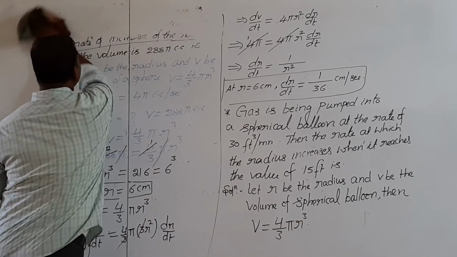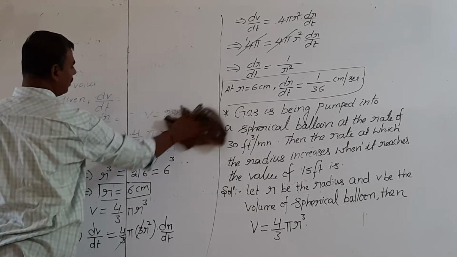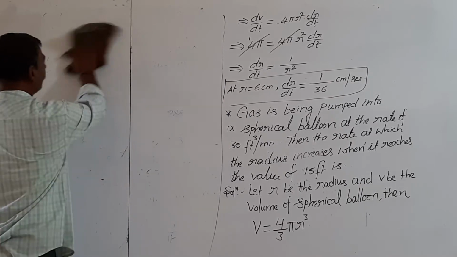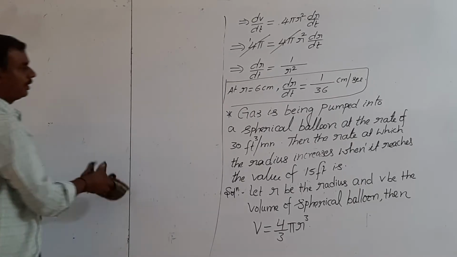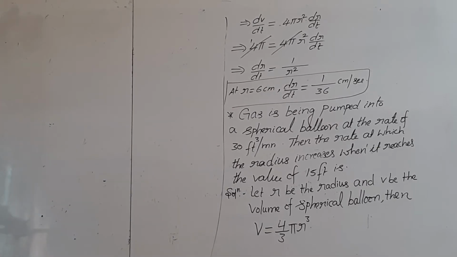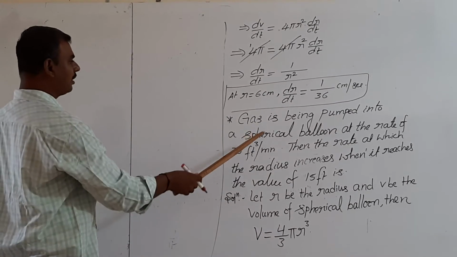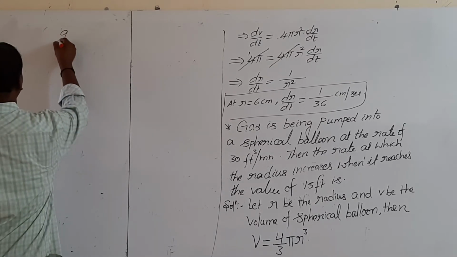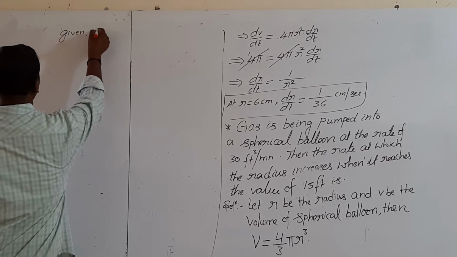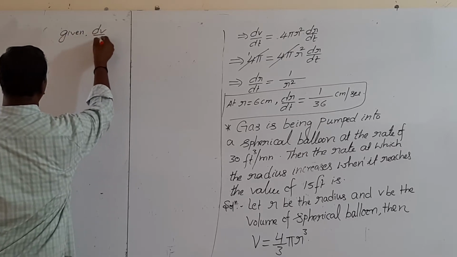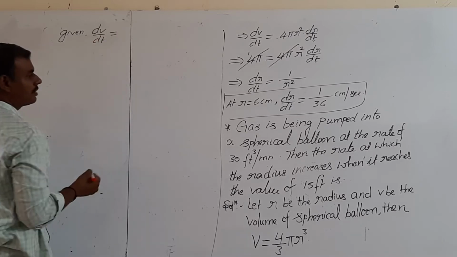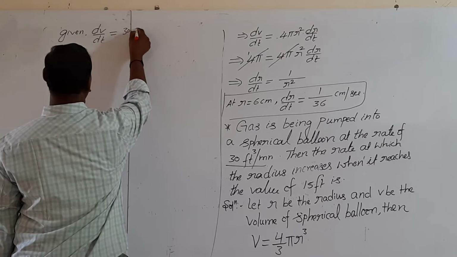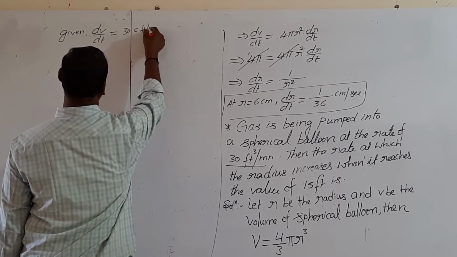Now, the given data. Gas is being pumped, which means volume is given: dV by dt is equal to 30 cubic feet per minute.